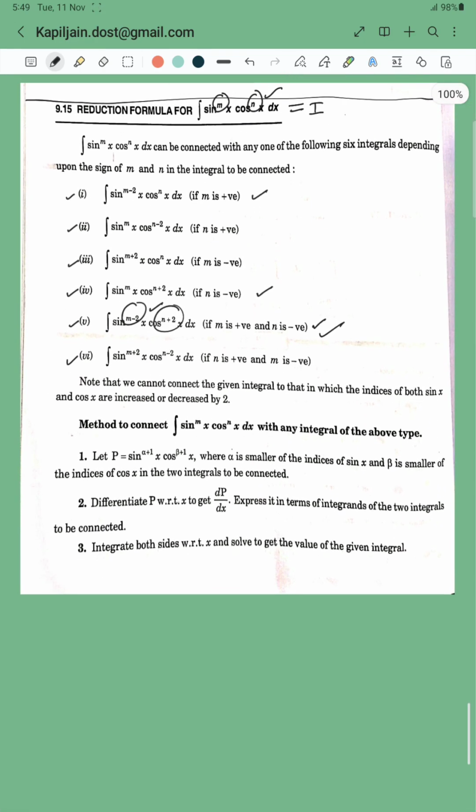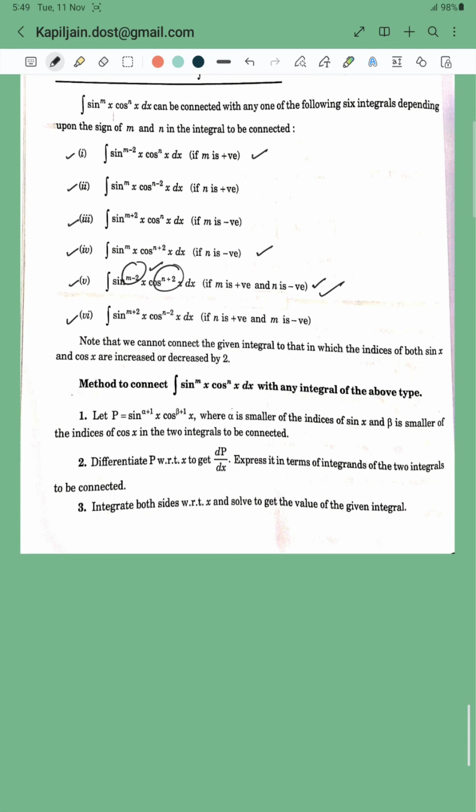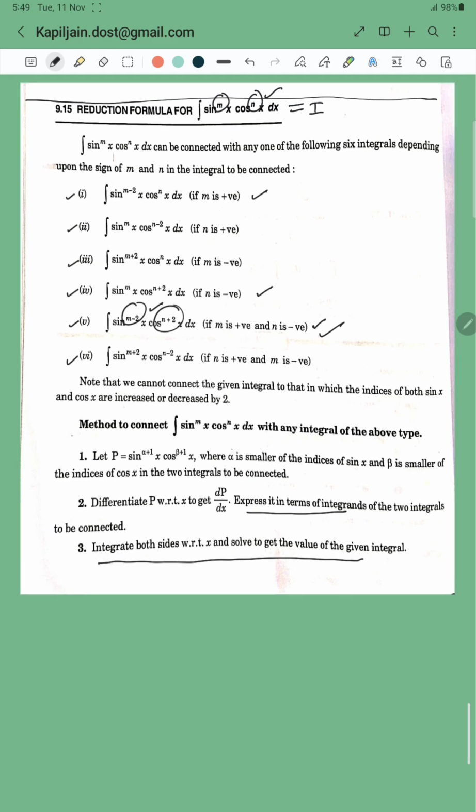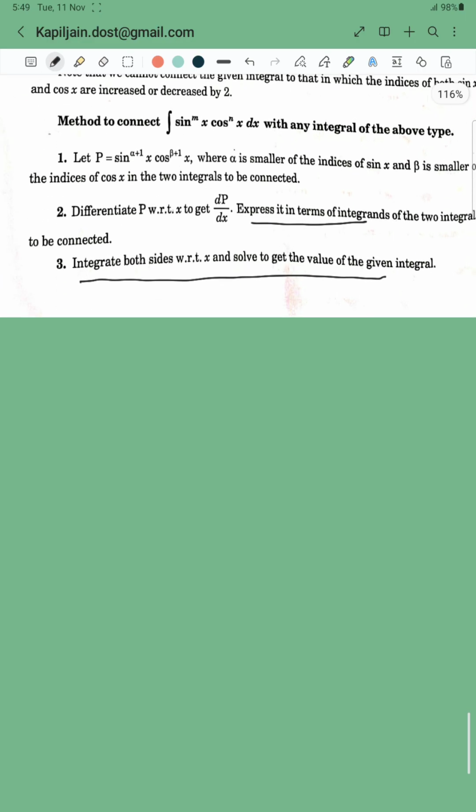After this we differentiate to find dp by dx, which can be expressed in terms of the two integrals, and after this we integrate both sides and we get the required reduction formula. Let's see one example.